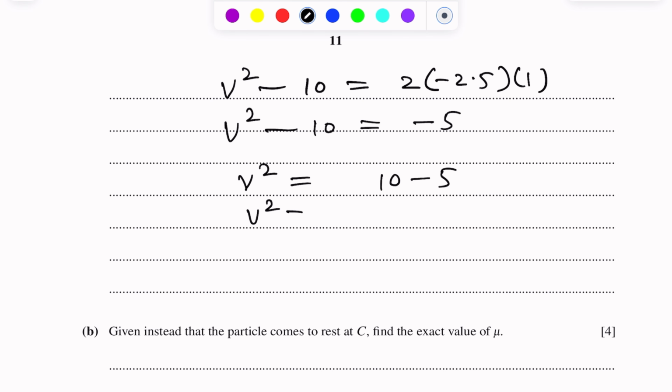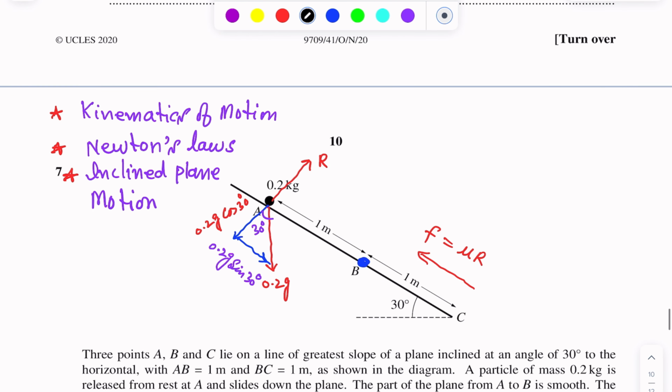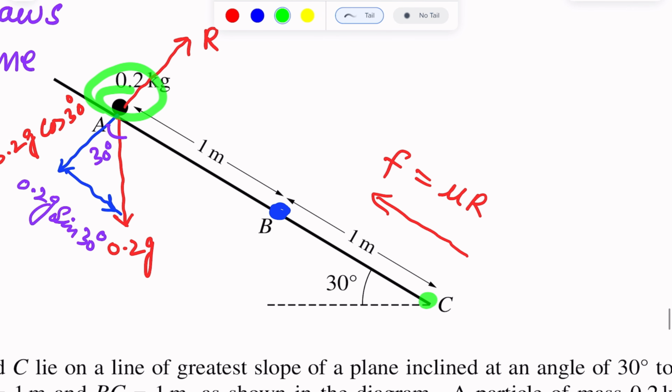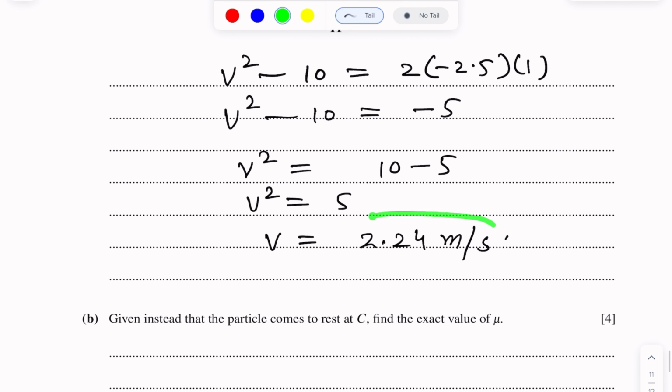V square is equal to 5 and from here v is equal to square root of 5, that is 2.24 meters per second. This is the speed of this particle. Speed of this particle at C we have found, that is 2.24 meters per second. This is the answer.